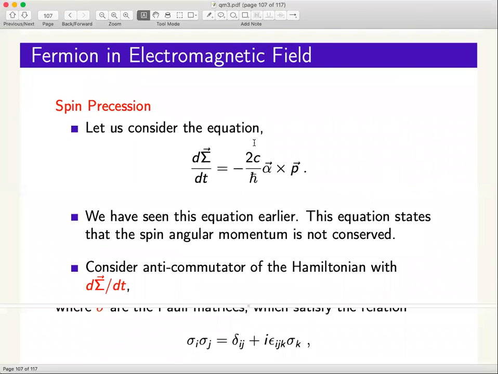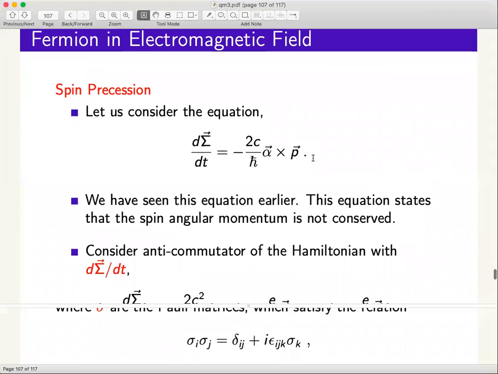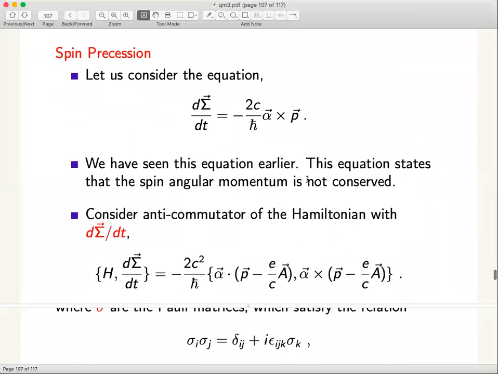So this is the non-conservation of the spin angular momentum. We'll start with this and ask what happens if I study the anticommutator of this operator with the Hamiltonian.